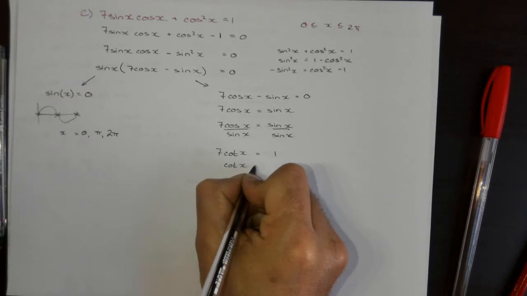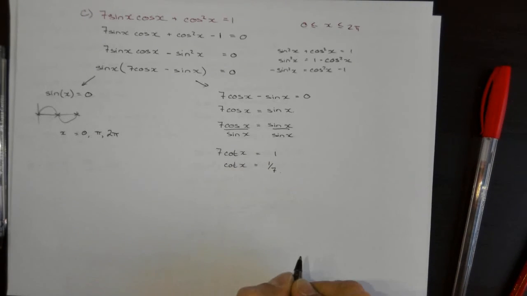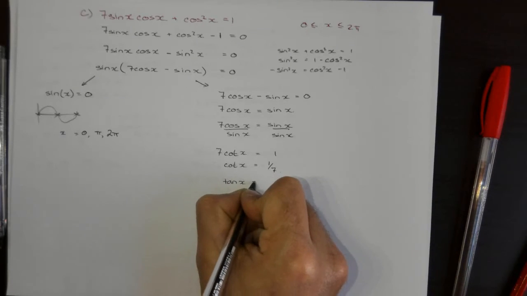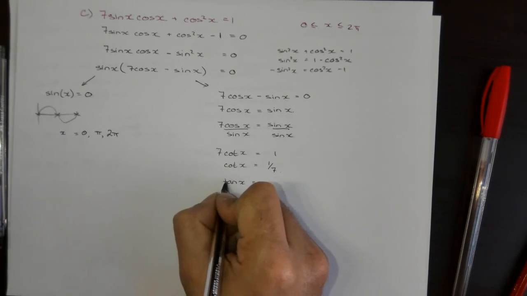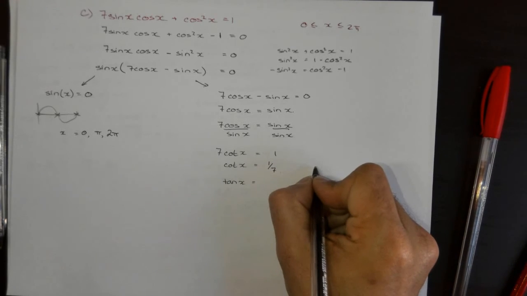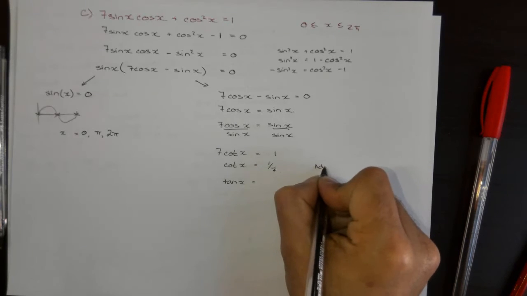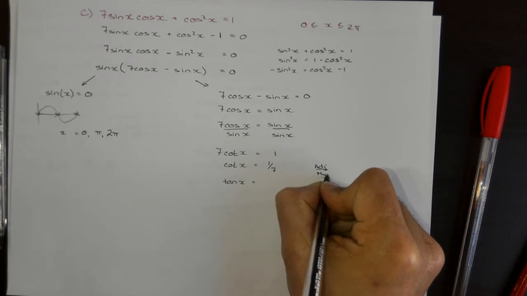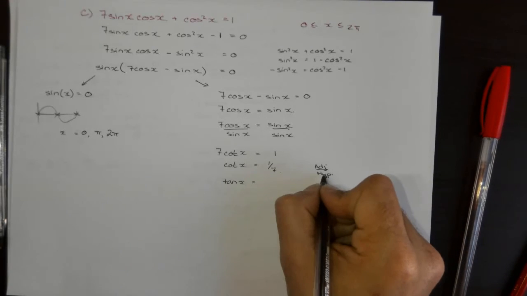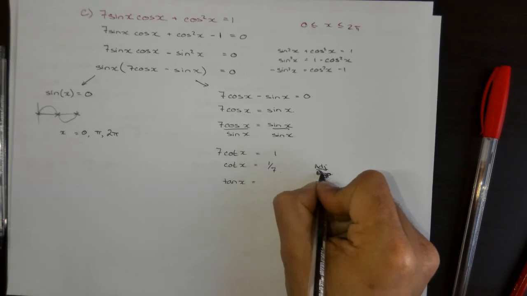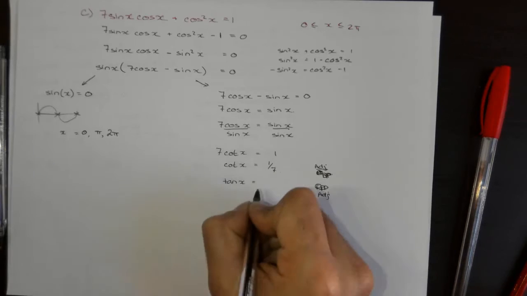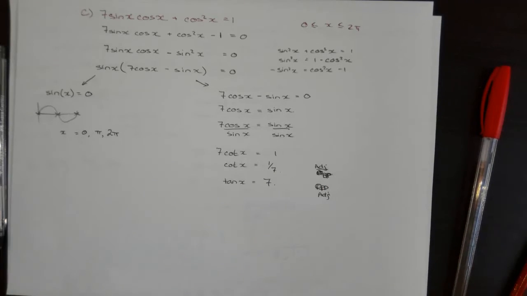So cot of x is 7, and that's the same as saying tan of x is 1/7. Remember, cot is the inverse of tan, and tan is opposite over adjacent. So we want tan of 1/7.